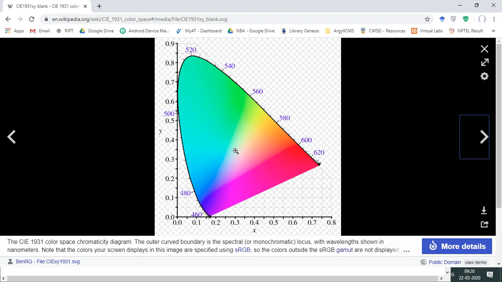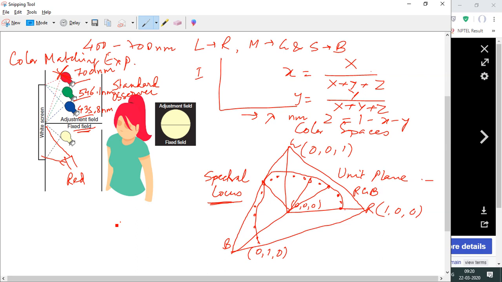Lightness, or luminance, information is given by the capital Y. So together, if we consider small x, small y and capital Y, we get xyY or Yxy, however you write it. This is the color space together, because we cannot use the xy color space alone, as we do not have the lightness information at that particular point.